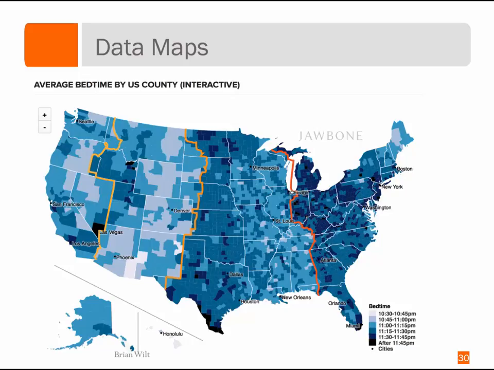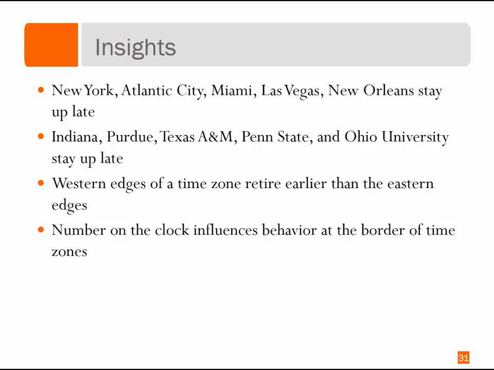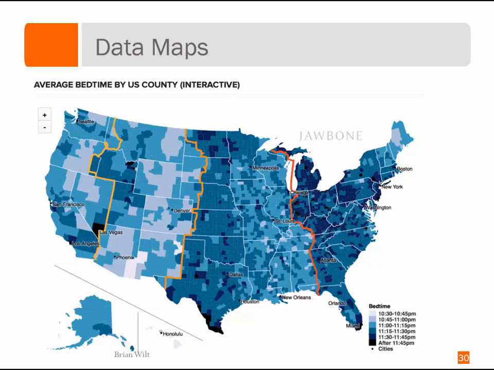Now, we can also see the western edges of a time zone retire earlier than the eastern edges. So we see that in a pattern. It's lighter on the western side of each of these time zones. And why is that occurring? Why do these folks retire earlier than folks just on the other side?